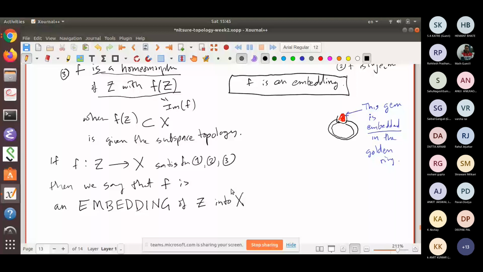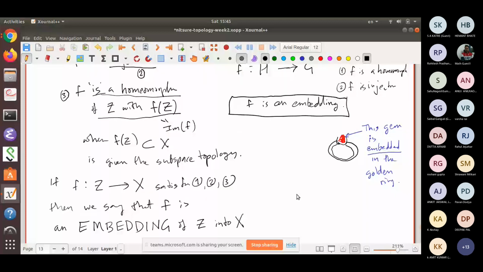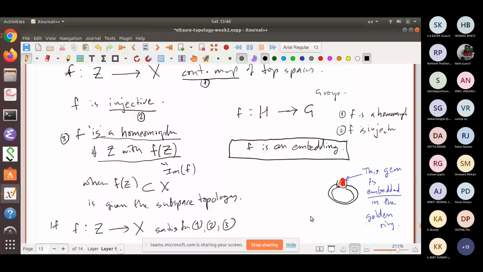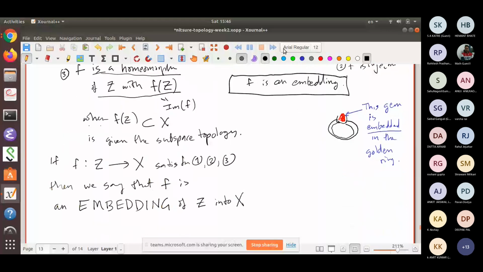And here there is no third property required because automatically its image is a subgroup of G. Here in contrast.